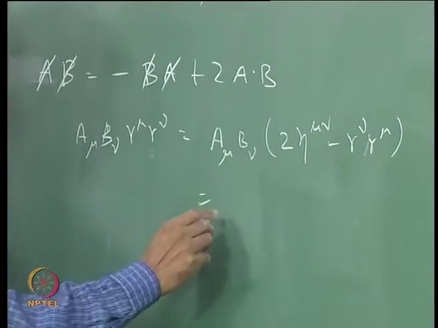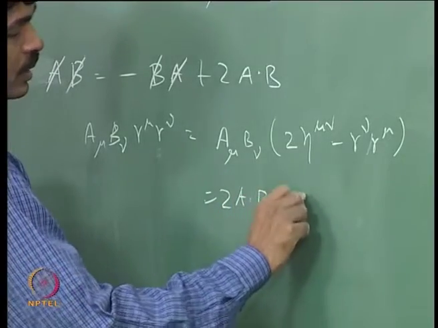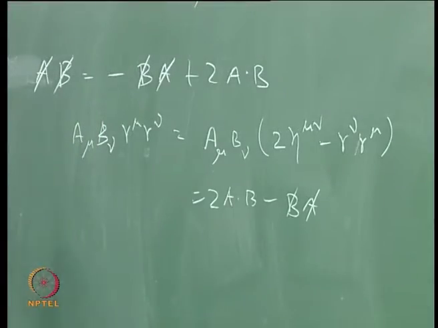So, the first term will give 2 a dot b and the second term will give minus b slash a slash. So, this identity we will use extensively.